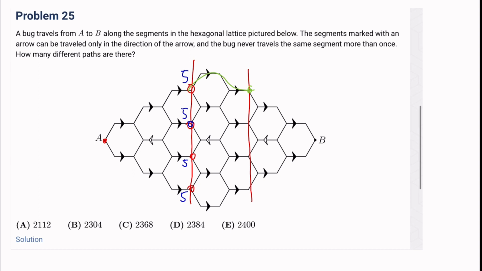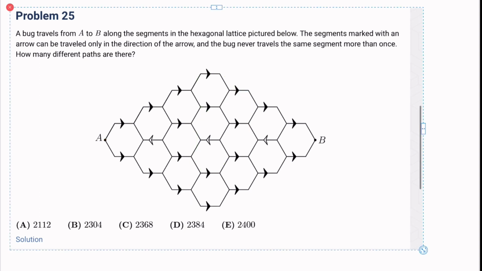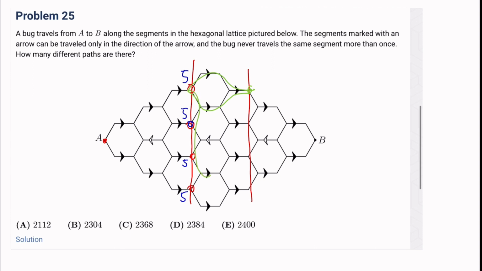So here this would be 1, and then using this would be 2, using this would be 3, using this would be 3, and using this would be 4, and using this would be 4, right? And that's basically all. So we have 4. And same thing for here, we also have 4.